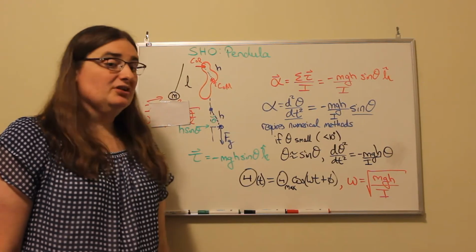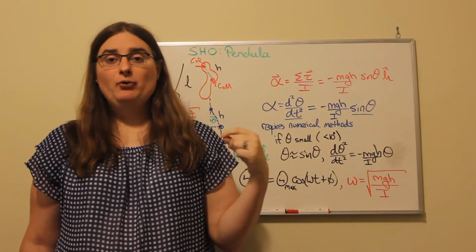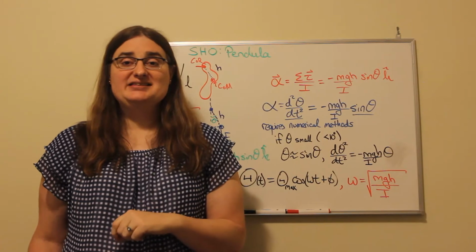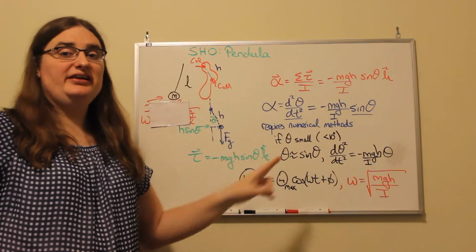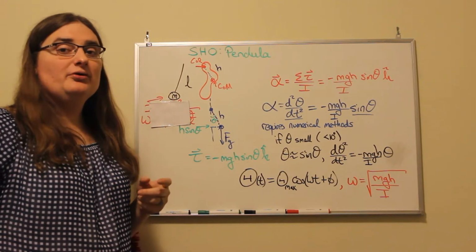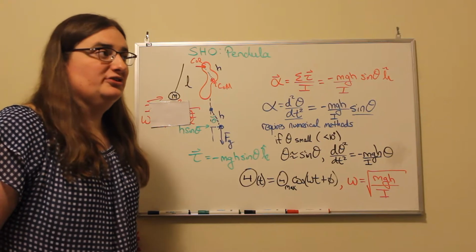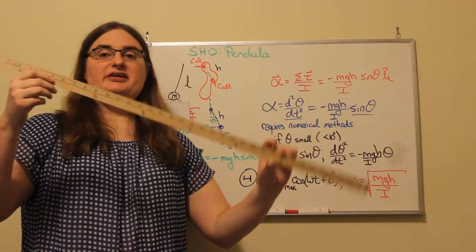We could make a pendulum out of any object by suspending it from some point that isn't the center of mass, and then displacing it so that the center of mass isn't directly underneath our center of rotation. So you notice me looking towards the ground. It's because I want to grab this meter stick right here.